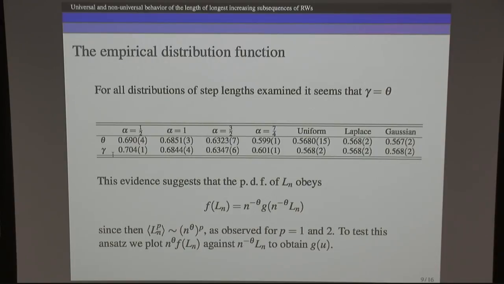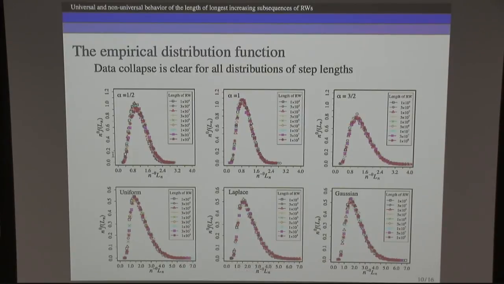And then we test this ansatz for this kind of distribution, which has been seen before many times in random walk problems, generally with a square root of n. And it is like this. So for all distributions of step lengths, heavy-tailed or not, that scaling form is obeyed, but with a detail.